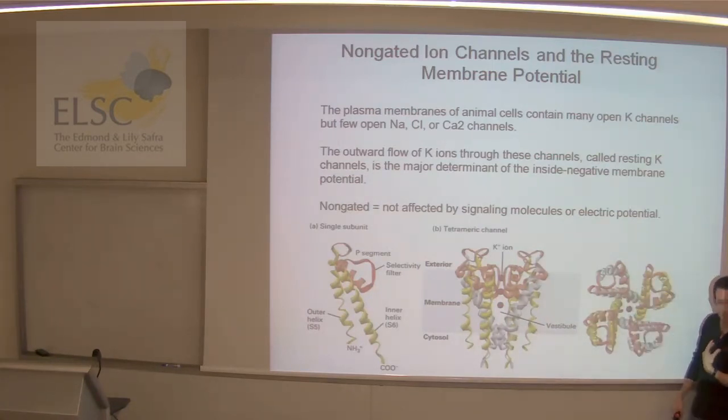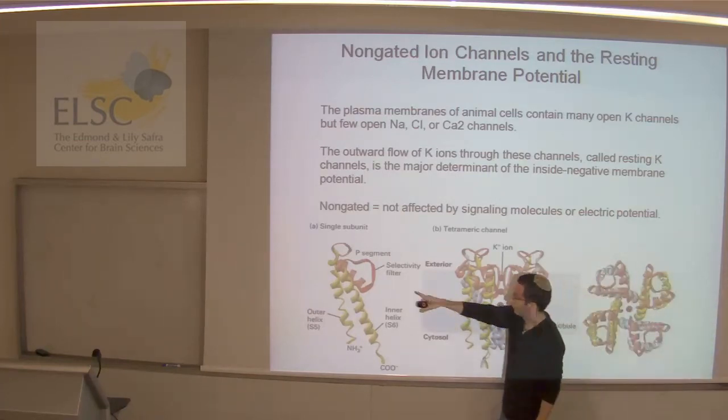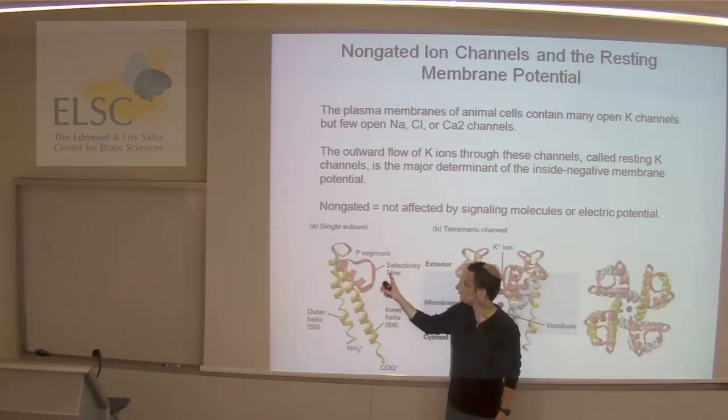So if I am an alpha helix, this would be the P segment that's bent into the cavity, or into the pore. That's the reason why we call it the P segment. And again, a small fraction of it serves as the selectivity filter for potassium.